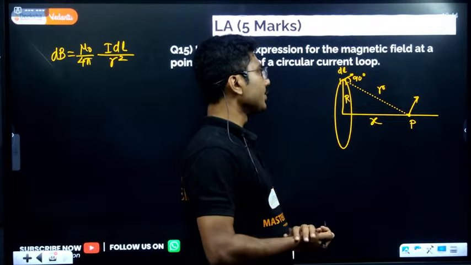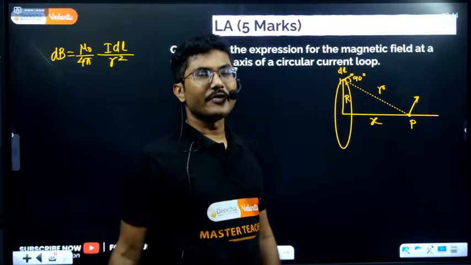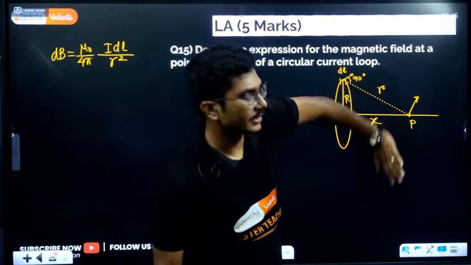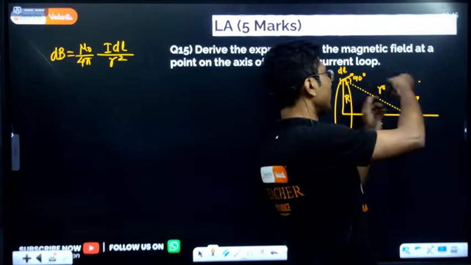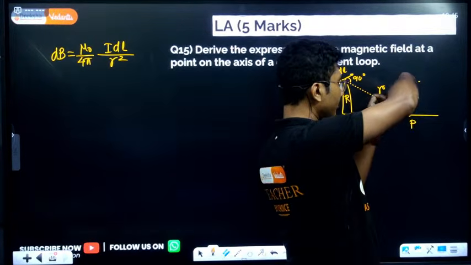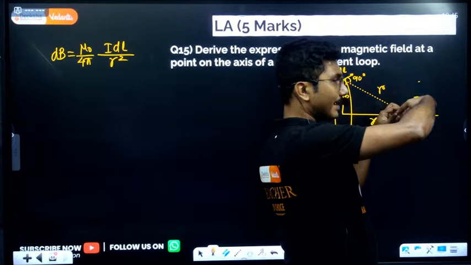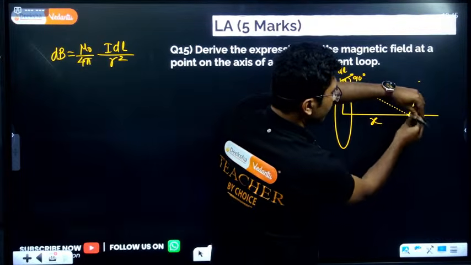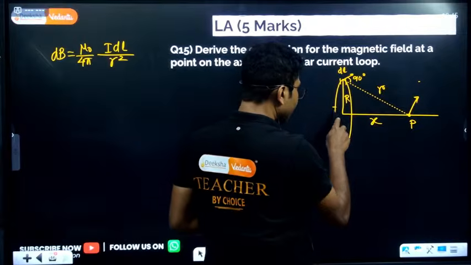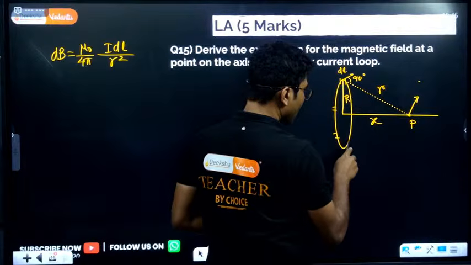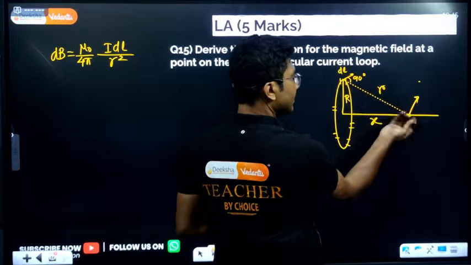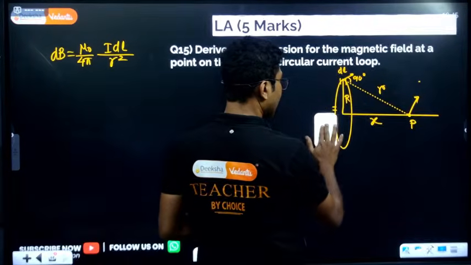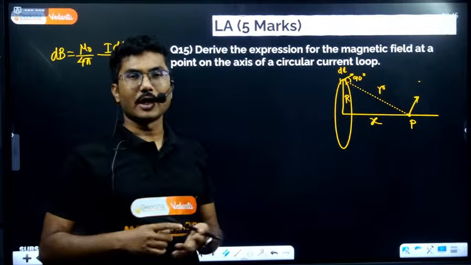So for this thing, it will be very complicated. All the points will have a different direction, perpendicular to both. For each and every element the direction will be different, so taking the vector sum will be much more difficult unless you figure out how to simplify it.